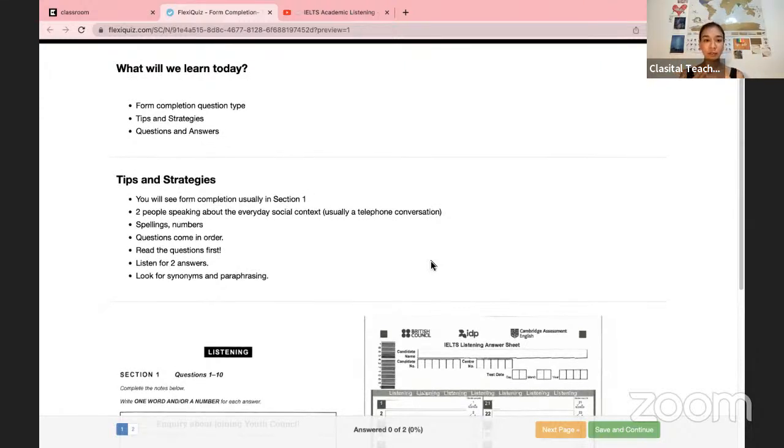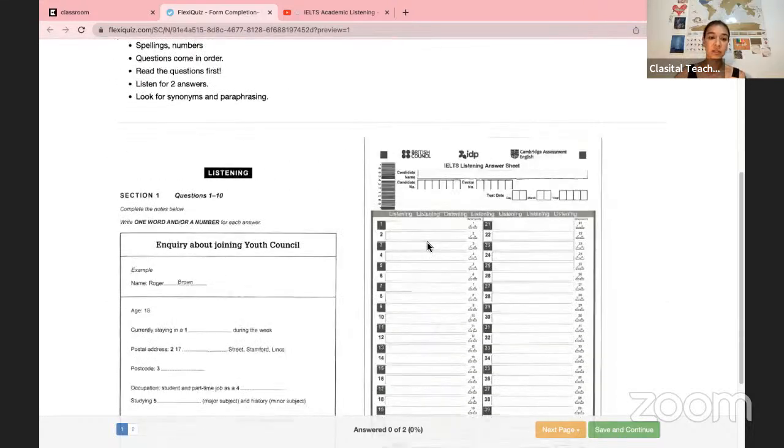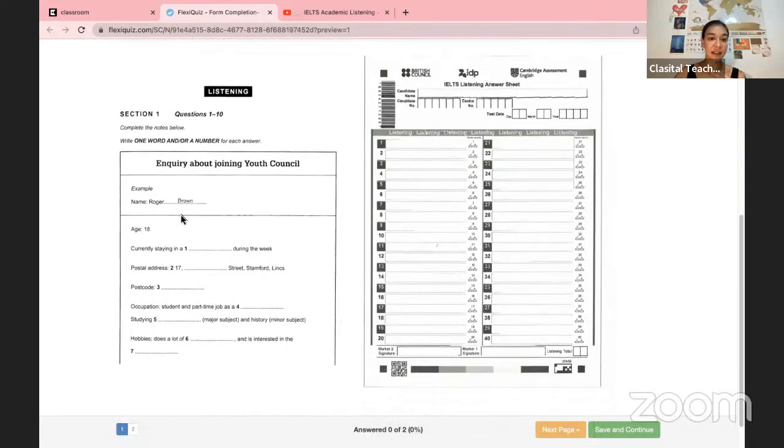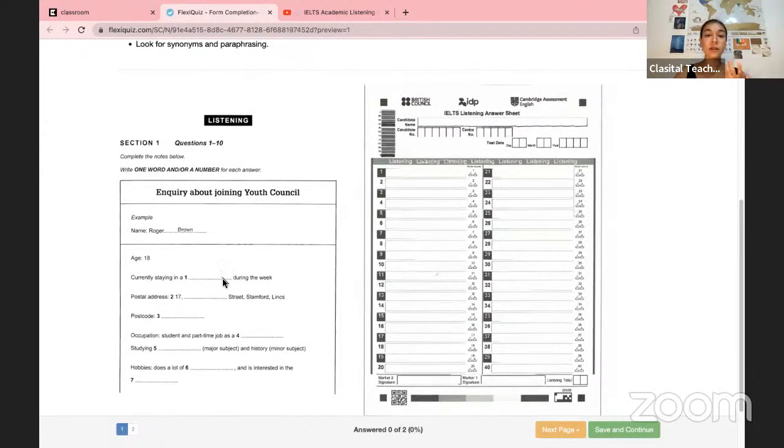In this type of questions, you will see lots of names, numbers, addresses, because as you can see here, age, surnames, names, and there will be lots of spellings.